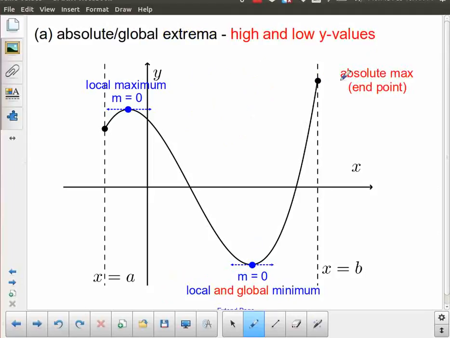And so you can see here in this case we had an absolute maximum at the endpoint. Here our local minimum turned out to be, and I just used the other term here, a global minimum, which is the same as an absolute minimum. So this could be both local and a global minimum.